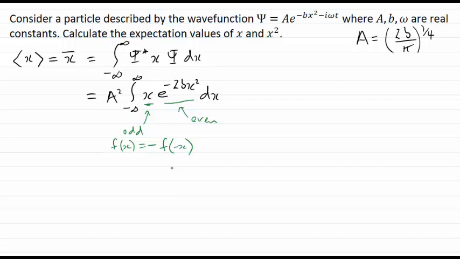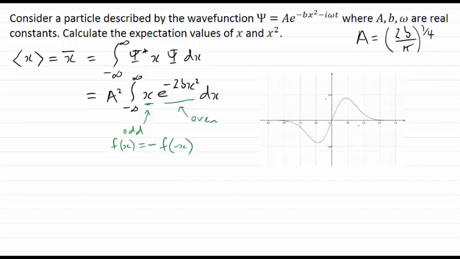And we can probably look at that in a little bit more detail. If we kind of graphed out what kind of function this thing looked like, we might get a function a little bit like this. You can see if I just overlay this graph here, that's actually a graph of that kind of function. It does have this odd behavior, an odd function multiplied by an even function. So this is actually a graph of this x times e to the minus 2b x squared.